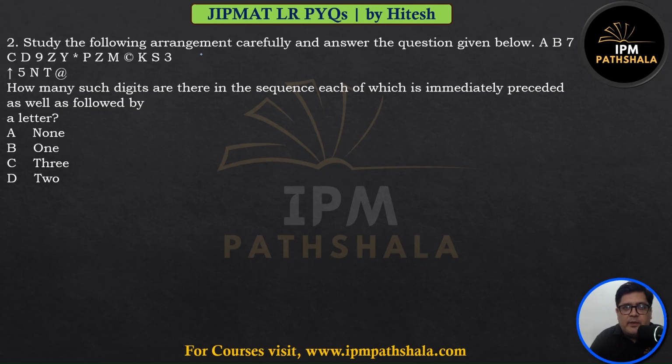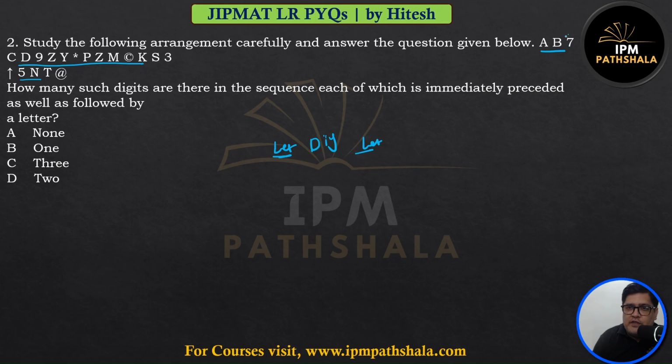Study the following arrangement carefully and answer the questions given below. So we have a long string of alphabets and numbers. How many digits are there in the sequence which are immediately preceded as well as followed by a letter? I am looking for a digit. There should be a letter before it and there should be a letter after it.